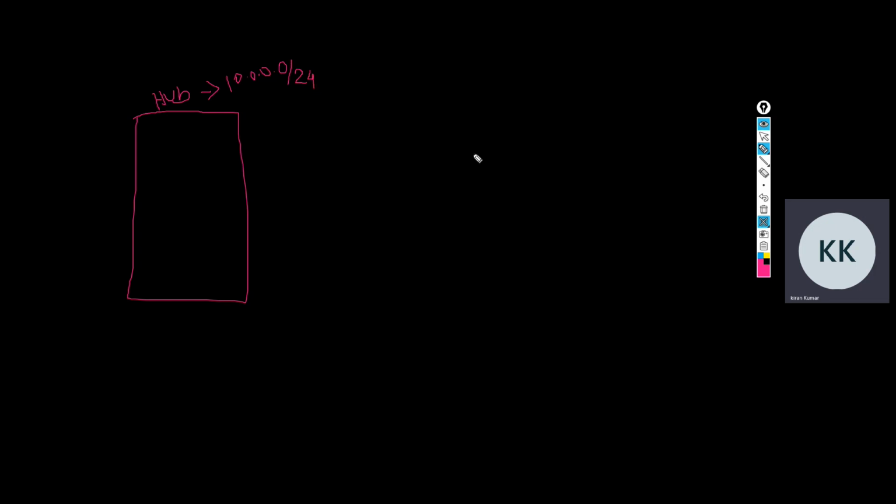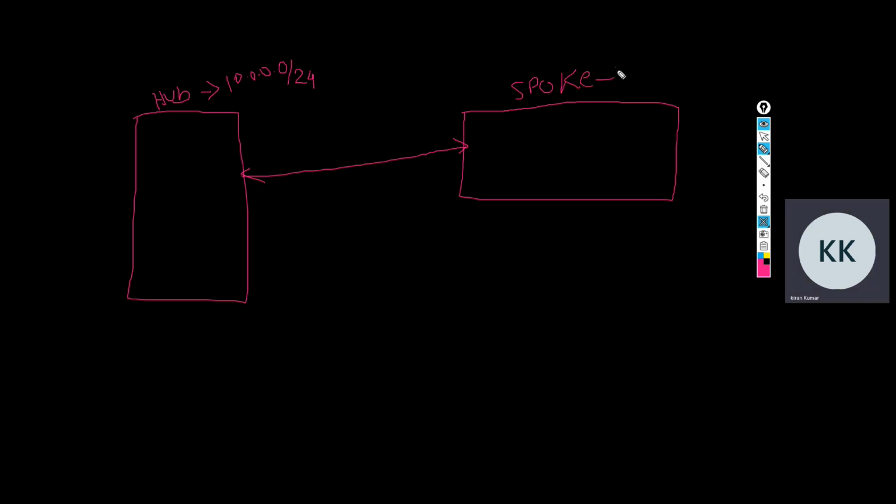Spoke networks generally keep the workloads, and this is a spoke one. I can take, for example, the IP address range 10.0.1.0/24.